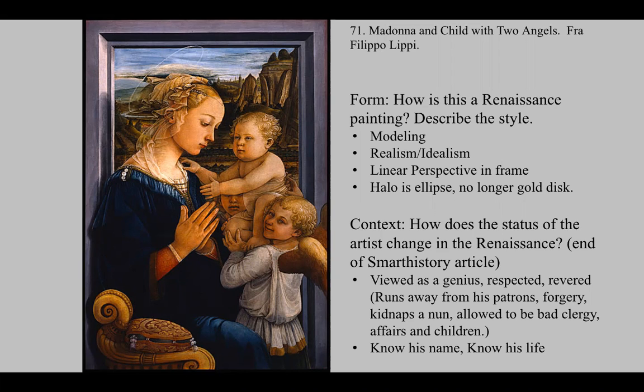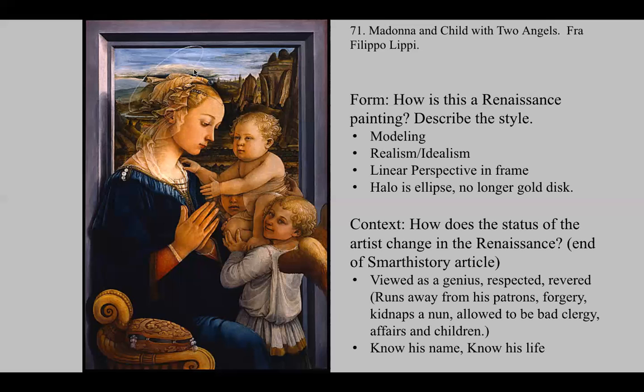If you look at her head wrap, you can see that the fabric is translucent. You can see through it, right? And so it's thin. You can see the detail behind it. They do use linear perspective in this. The background is landscape, but the frame has a sense of linear perspective to it so that it looks three-dimensional.